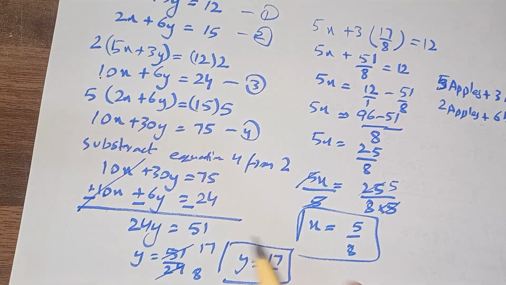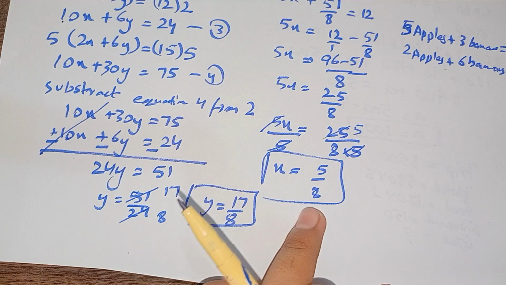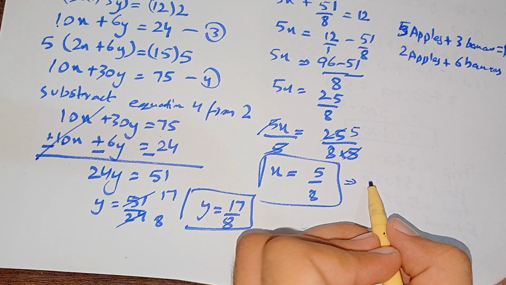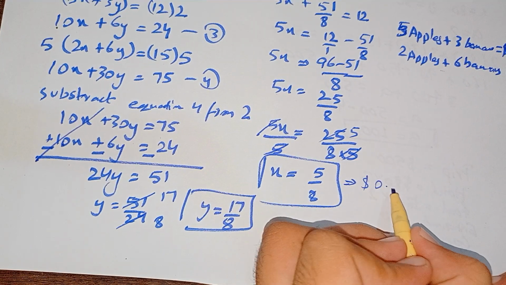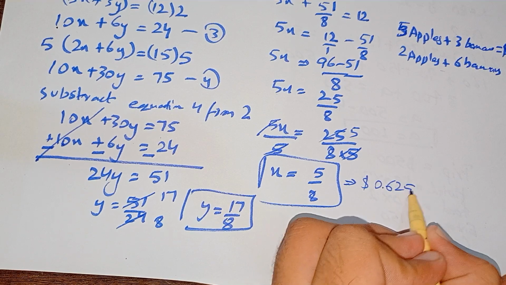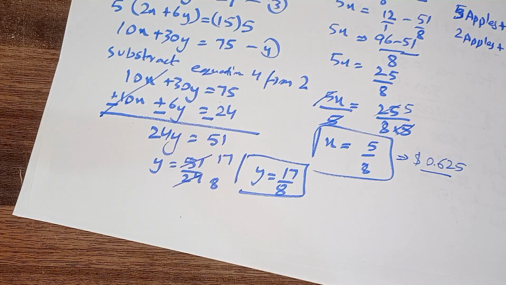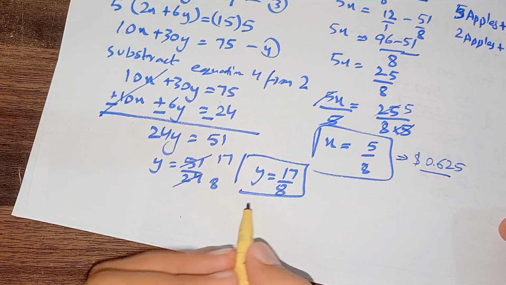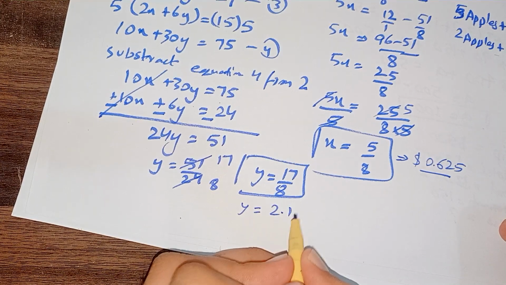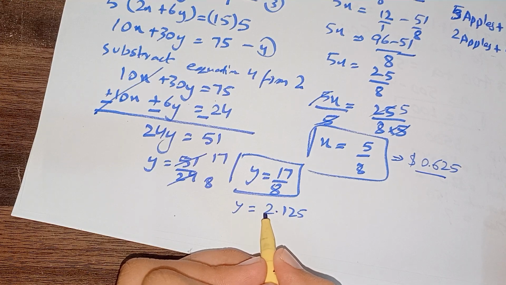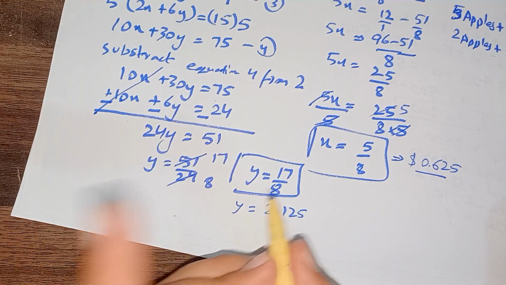Our apple is 5 by 8, so each apple costs 0.625, and each banana costs 2.125.